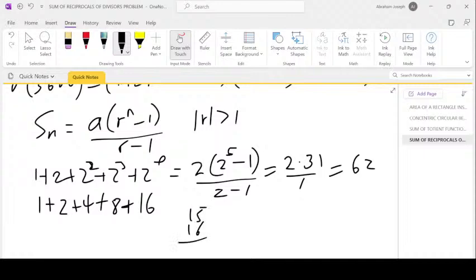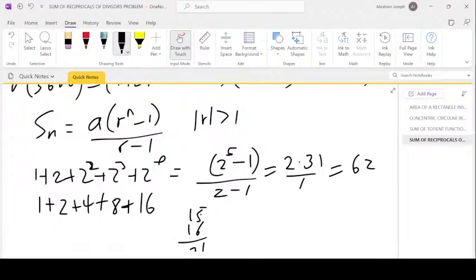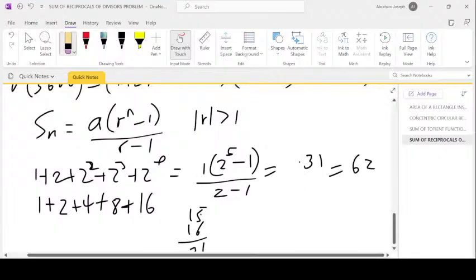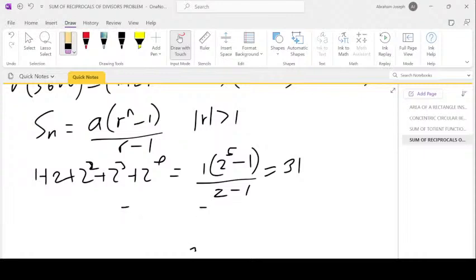Sorry, there should be a mistake somewhere. Okay, so where's the mistake? So A is 1. That's where the mistake is. A is the first term. So sorry about this. So this is 31. Okay, good. So it's actually true. Now let's check for the other one.